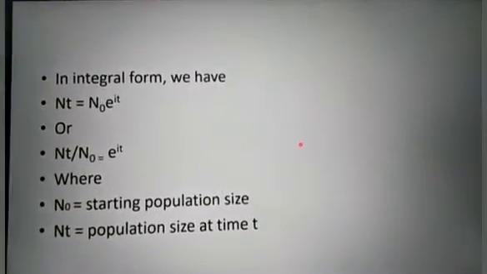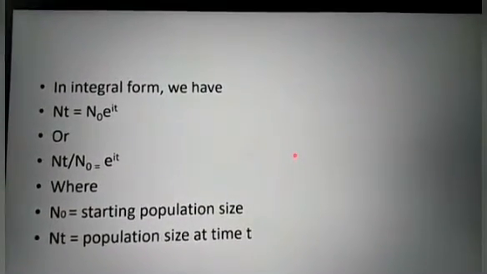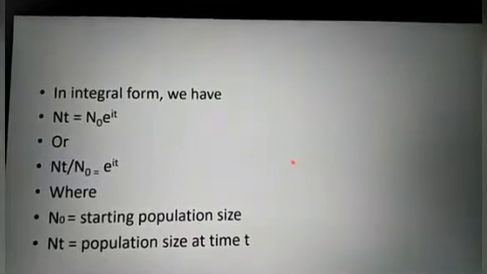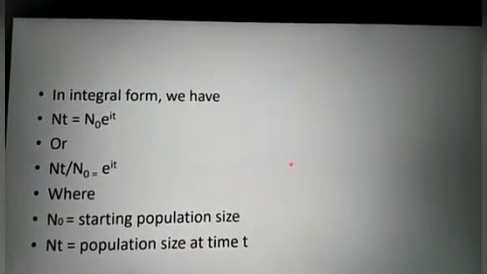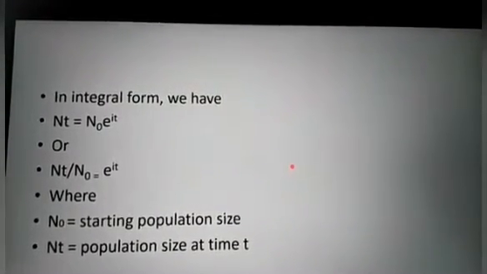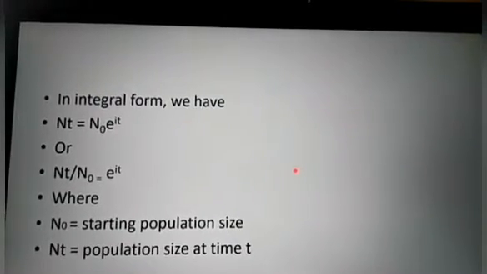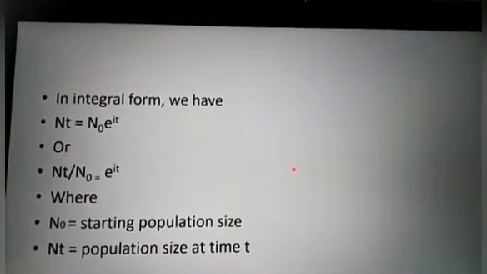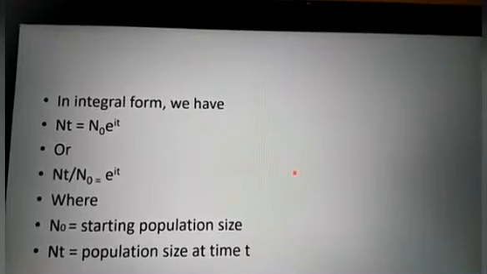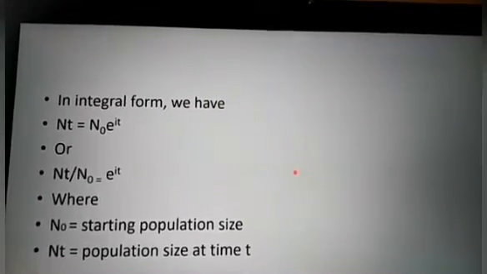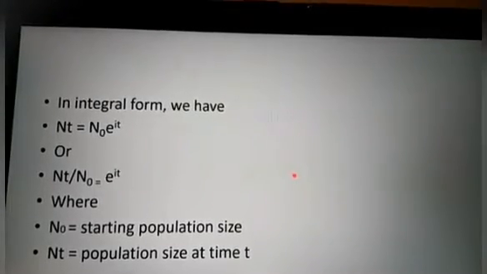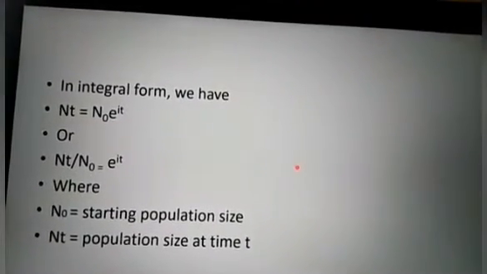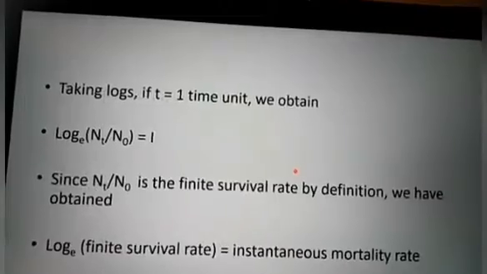So in integral form, we have Nt is equal to N0 e to the power it for instantaneous rates, or Nt over N0 is equal to e to the power i, where N0 is the starting population size and Nt is the population size at time t.